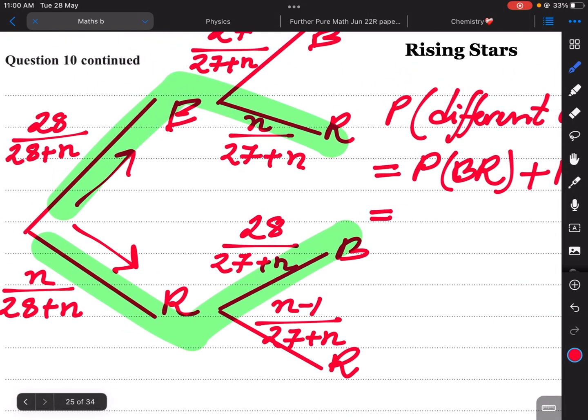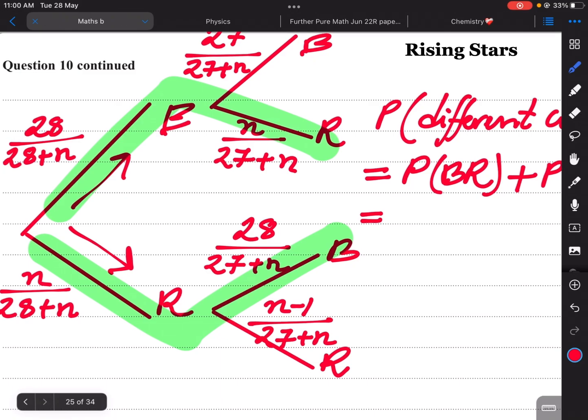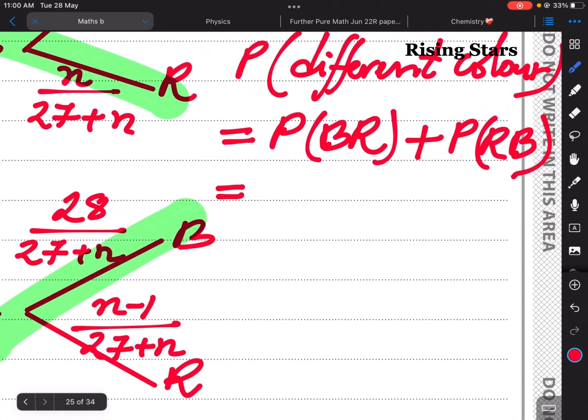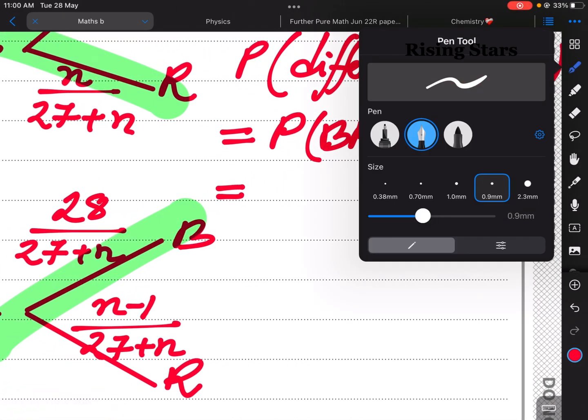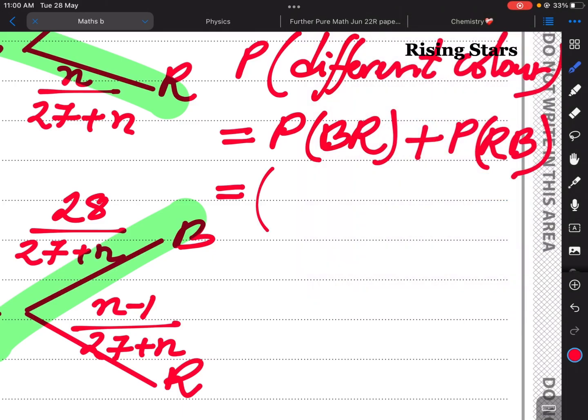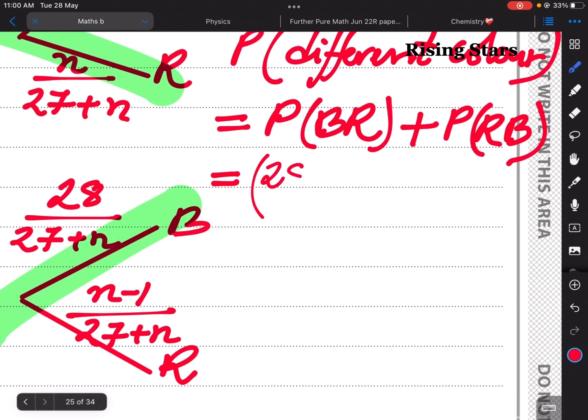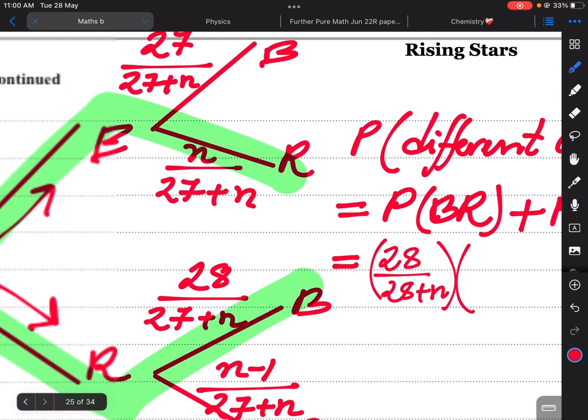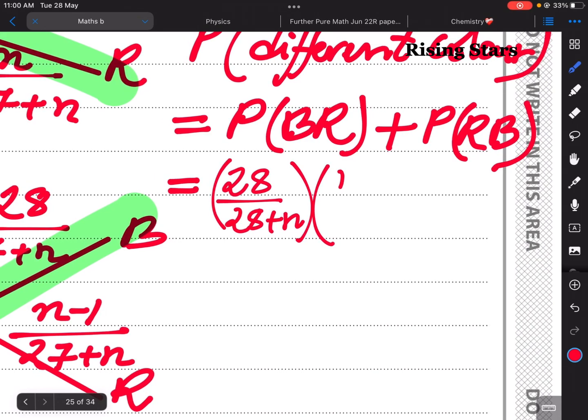Blue red is 28 divided by 28 plus n, multiplied by red, which is n over 27 plus n. So this is the first part.